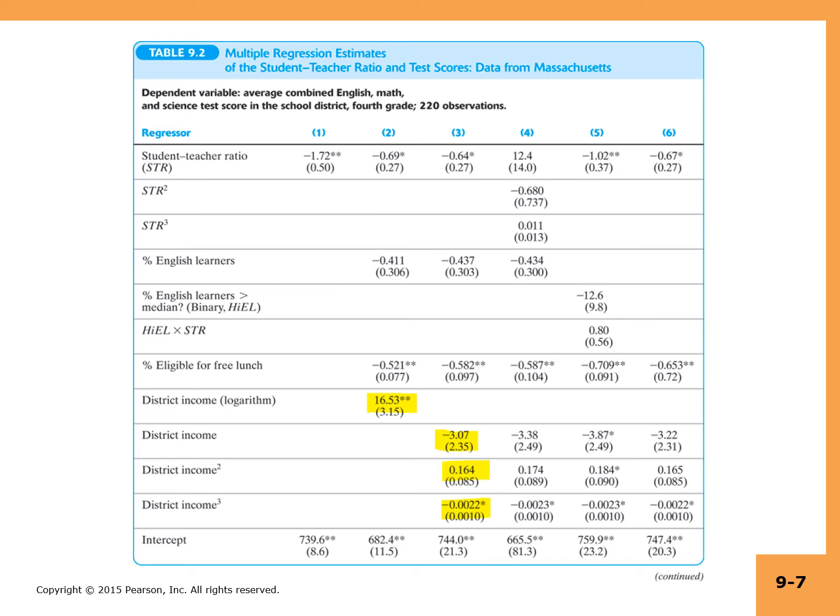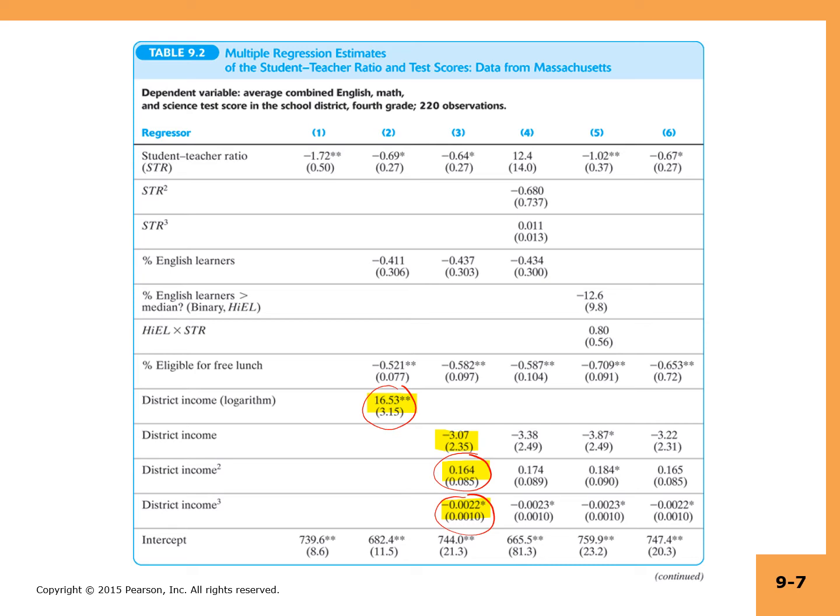Now let's compare Model 3 to Model 2. In Model 2, we included district income in log, and in Model 3, we're including the district income in quadratic and cubic form. So both of these models are taking into account that district income is non-linearly related to test score, as we have seen in a couple slides before.